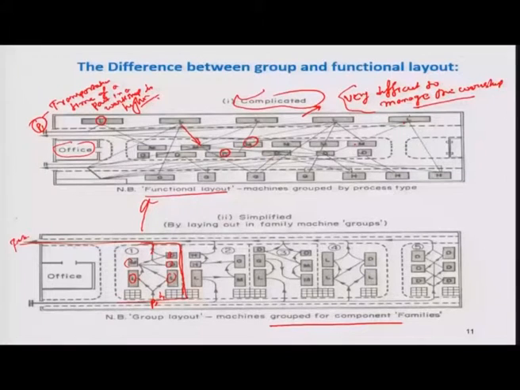Here, parts are fabricated in a very simplified manner. So I am giving you one example. Suppose that we have a 3-part family.